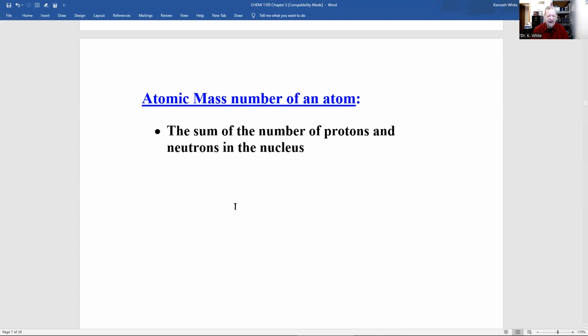Now, an important concept about atoms is the atomic mass number. By definition, that's the sum of the protons and neutrons in a nucleus. And I'll never ask you what's the atomic mass number of an atom. But this is important background information.